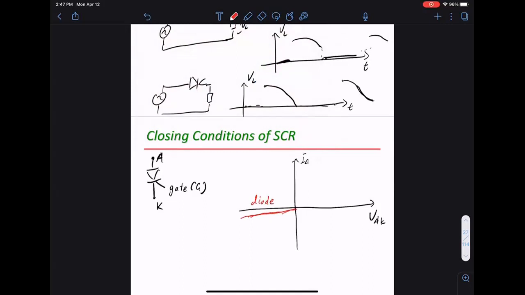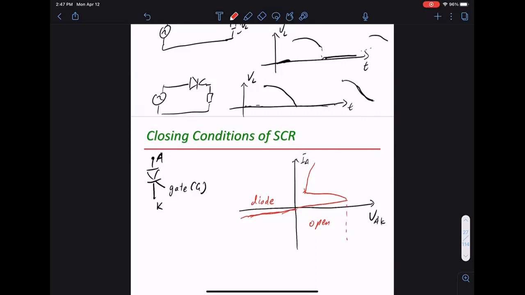When it's positive, the voltage will rise, and up to some voltage this is an open circuit. There should be no current flow.